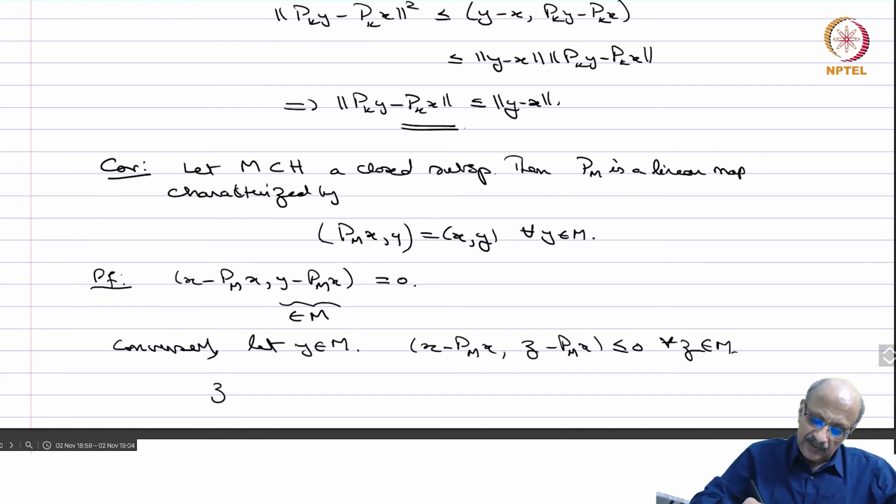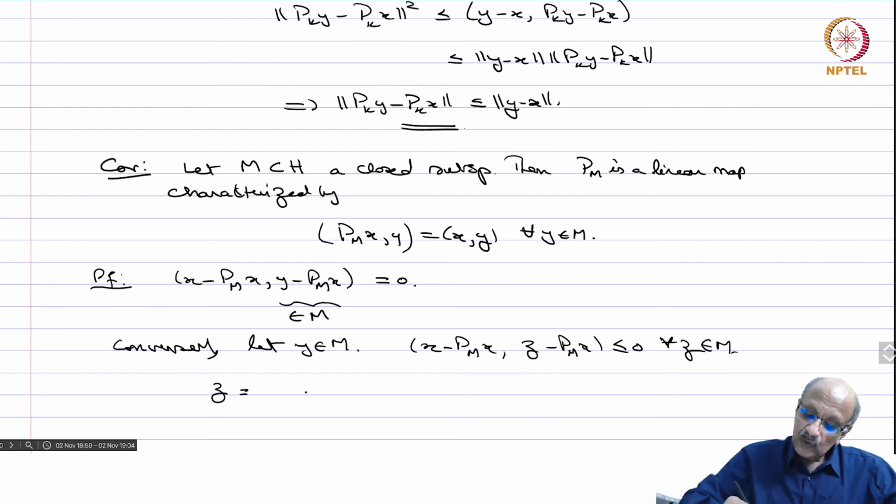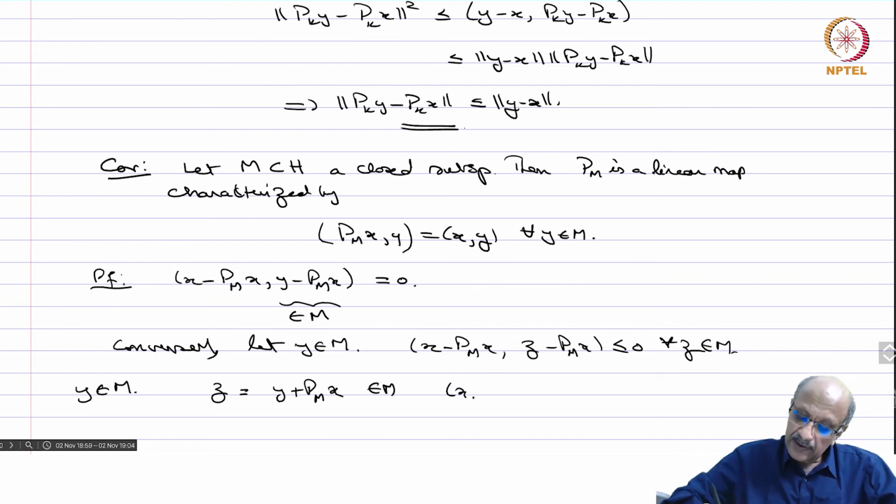So let me take z, it's now a subspace, so if you take any y in M, you take z equals y plus P_M x, and this still belongs to M. So I can substitute here. So I get ⟨x − P_M x, y⟩ is less than or equal to 0.